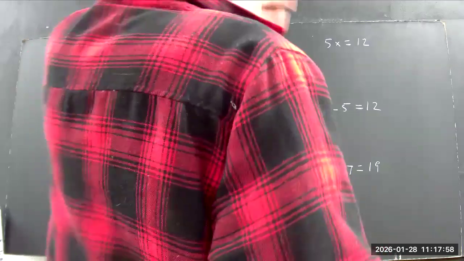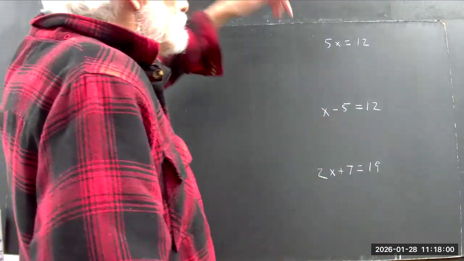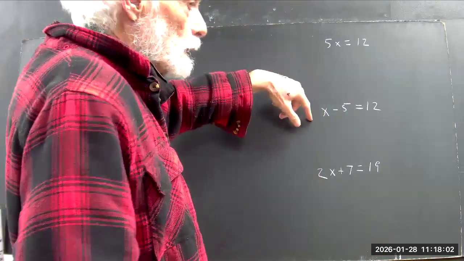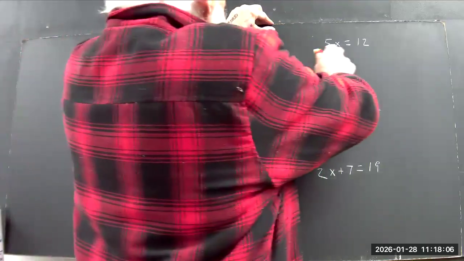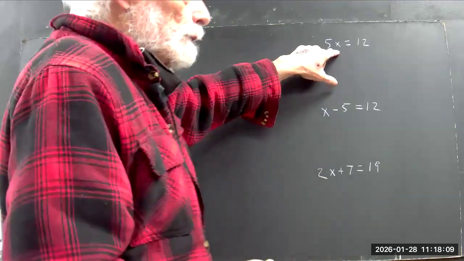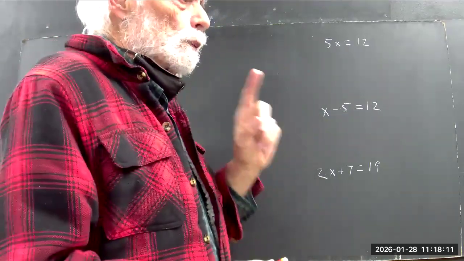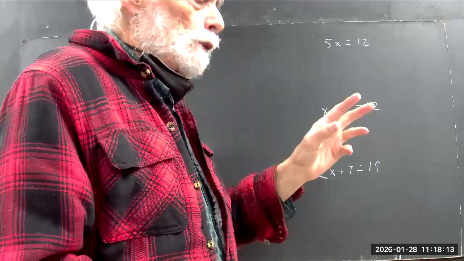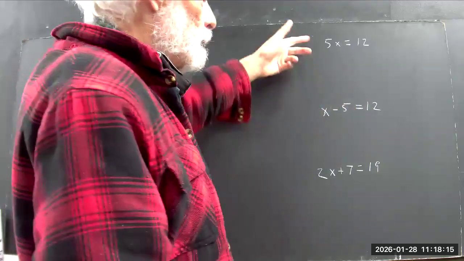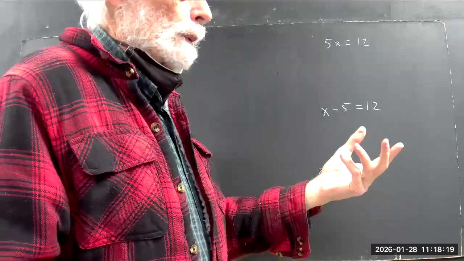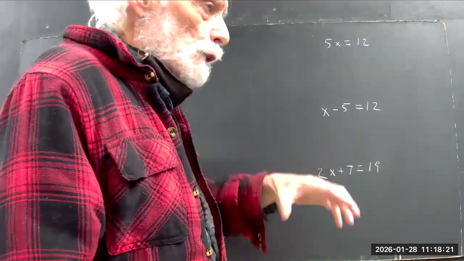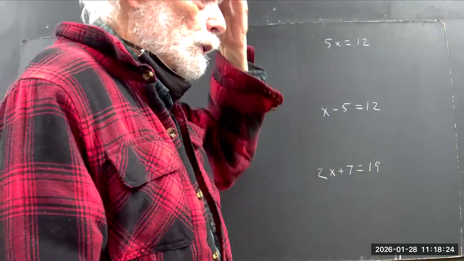All right, now I probably haven't left myself enough room because I'm big on that. Let's just see. In order to isolate x, I can do at this point one of two things. Only two things you need to be able to do to solve the linear equation, which is multiply or divide both sides by the same quantity, or add or subtract the same quantity on both sides.